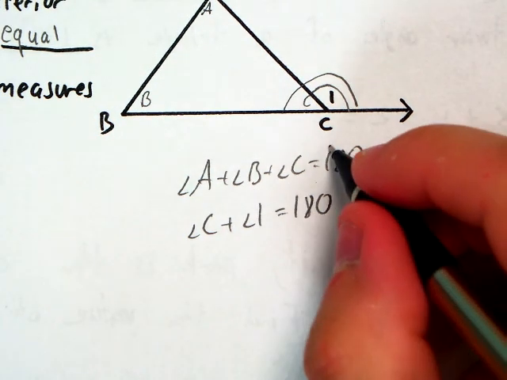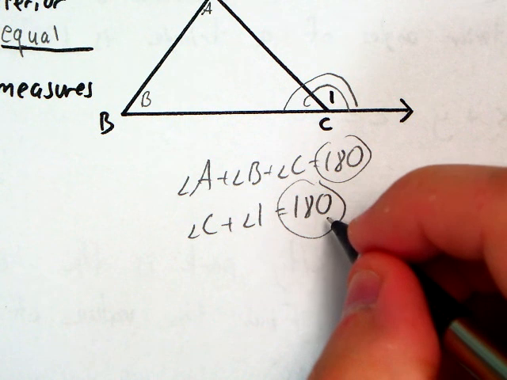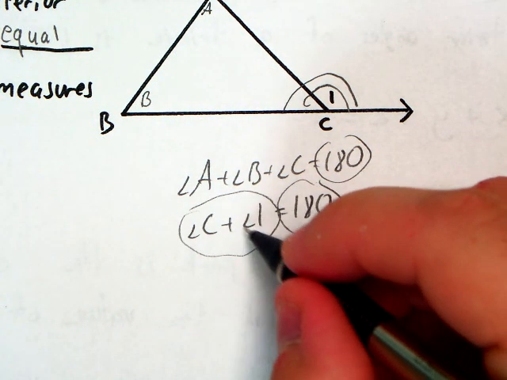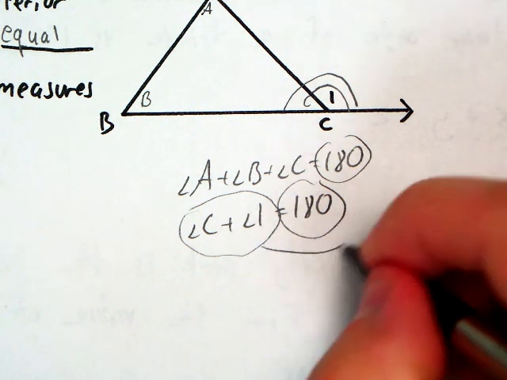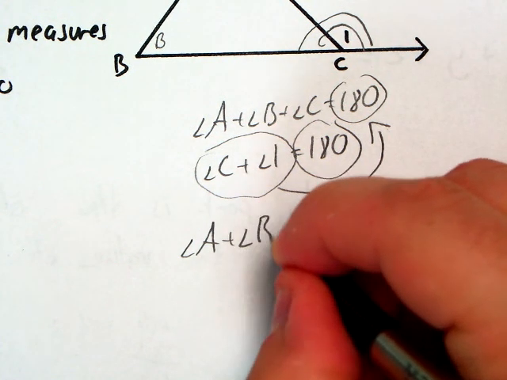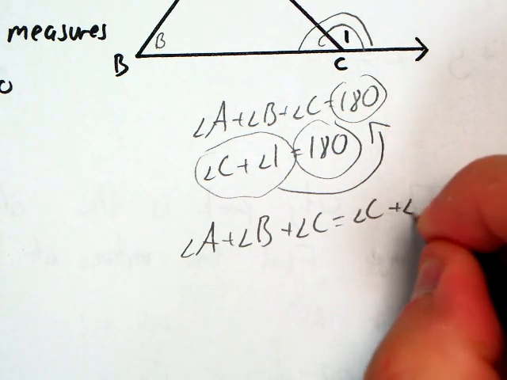Now, because both of these equations are set equal to the exact same thing, we can actually substitute, if you recall from systems, C plus 1 in for 180. We can substitute that right there. So now, really, we have angle A plus angle B plus angle C is equal to angle C plus angle 1.